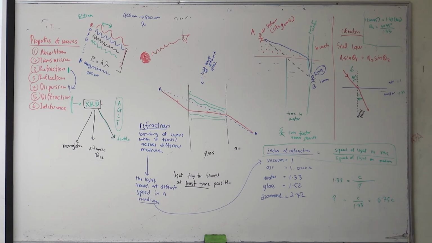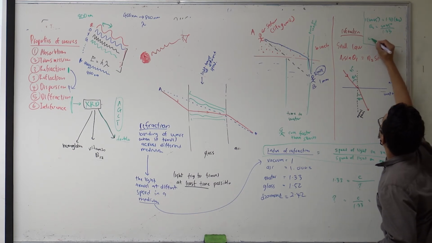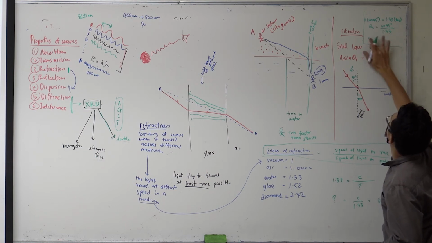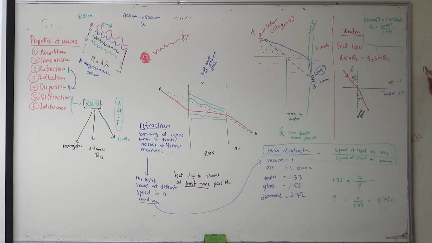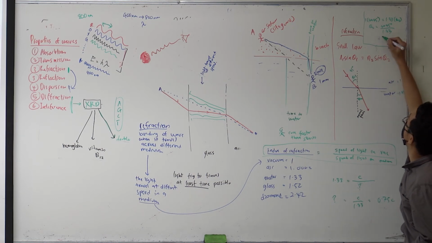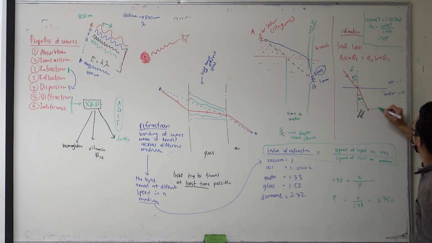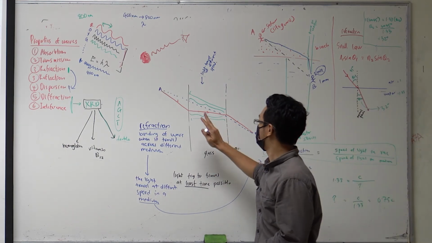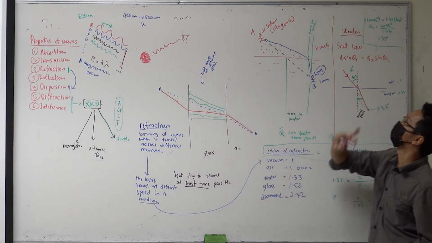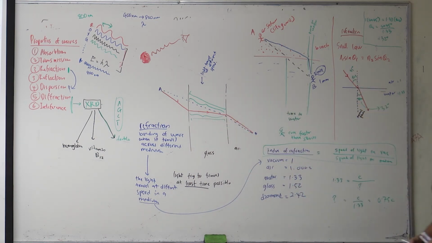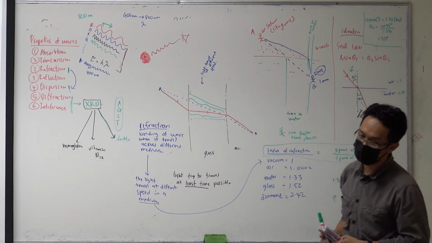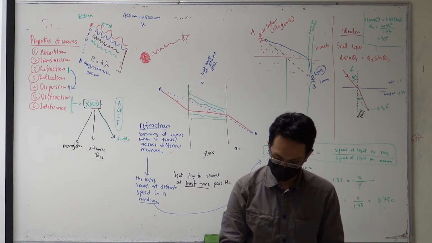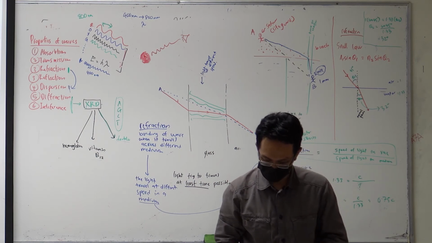When you calculate this, you get about 32 degrees. So under refraction, you know that the light travels slower, and you can also measure the bending angle.